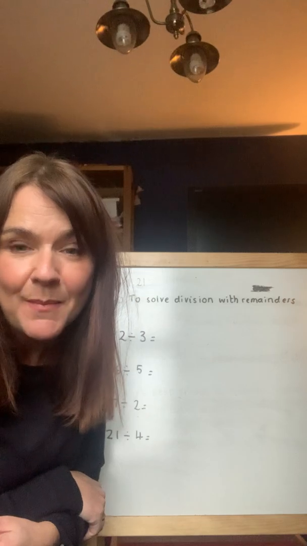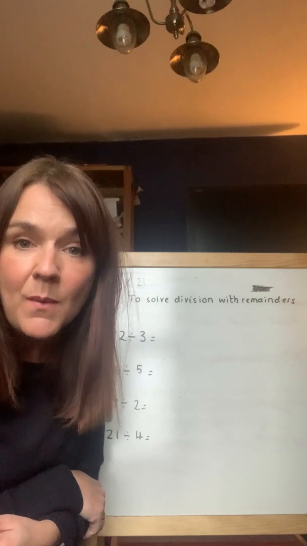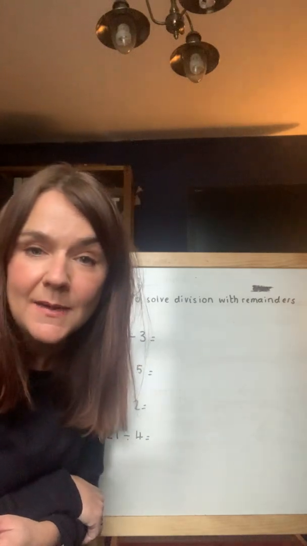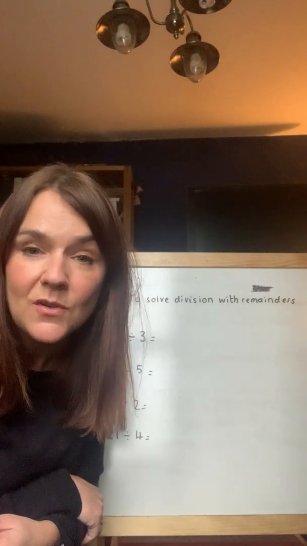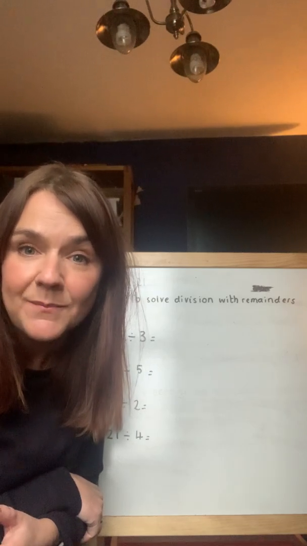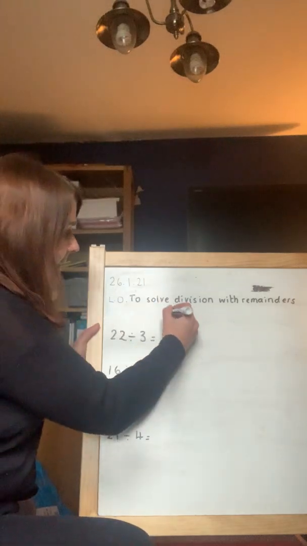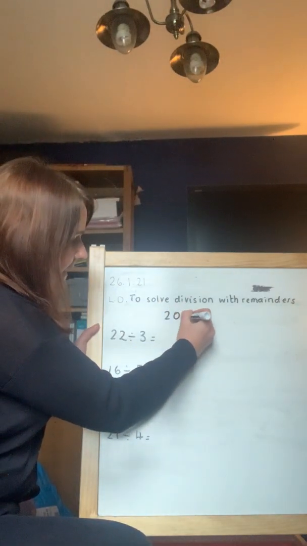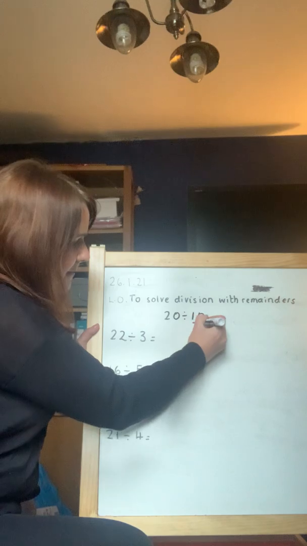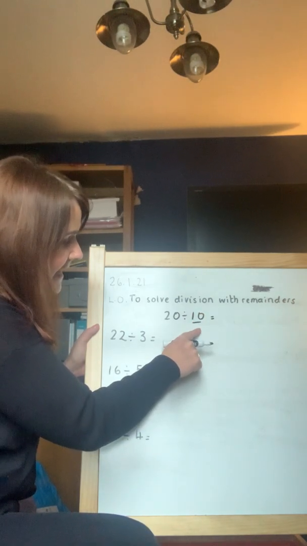To do a little recap of division just on the board for you to see. When we're doing division, we're really using our times table skills, aren't we? Because we're going to be thinking about grouping things equally. For example, if I've got 20 divided by 10, the 10 is my divisor.